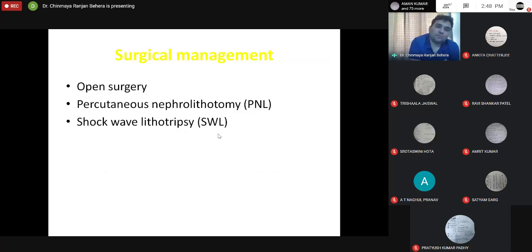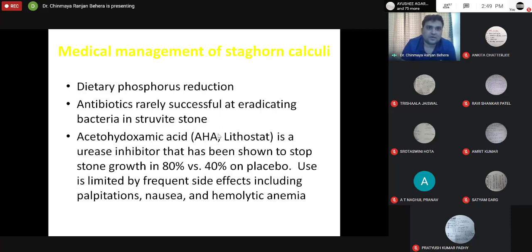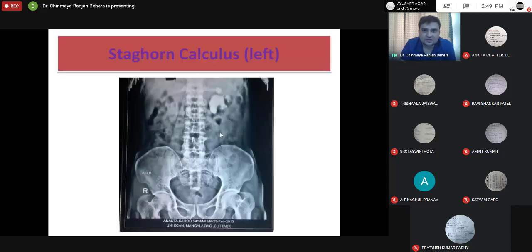Either you do open surgery, but nowadays more and more percutaneous nephrolithotomy is most commonly done for pelvic stones, and shockwave lithotripsy. You should know the surgical management, that is open surgery, percutaneous nephrolithotomy, and shockwave lithotripsy. Can you appreciate the staghorn calculus here?